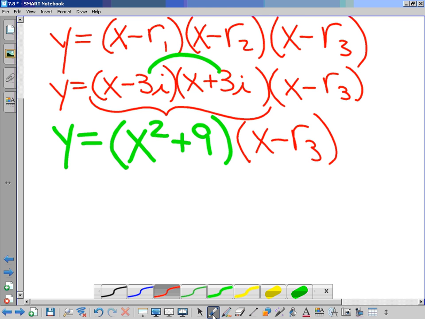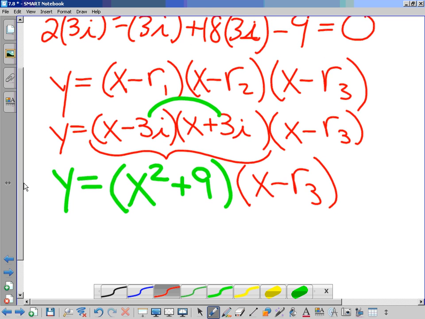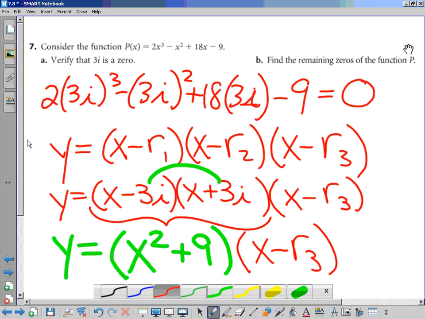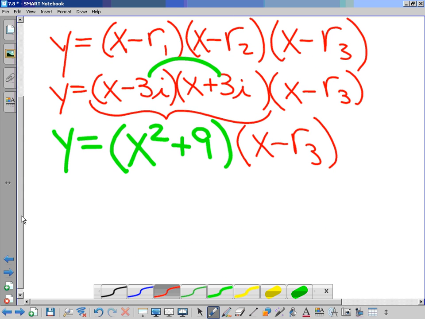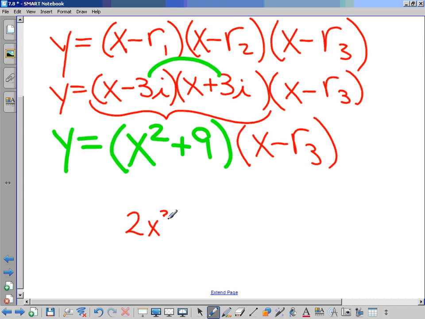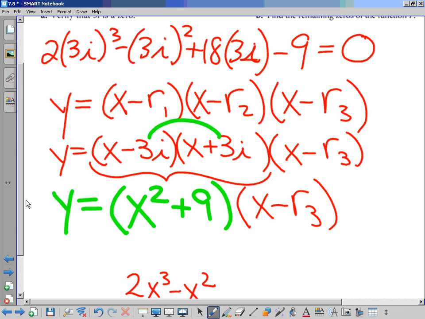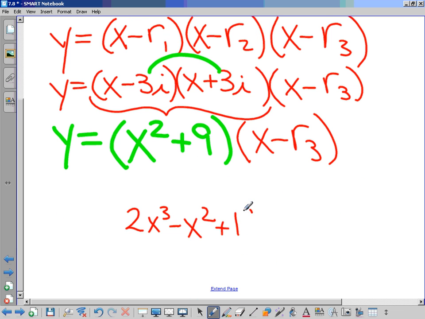So we take the original polynomial from above, which was 2x cubed minus x squared, what was the rest? Plus 18x minus 9. And we're going to divide by the one factor that we know.